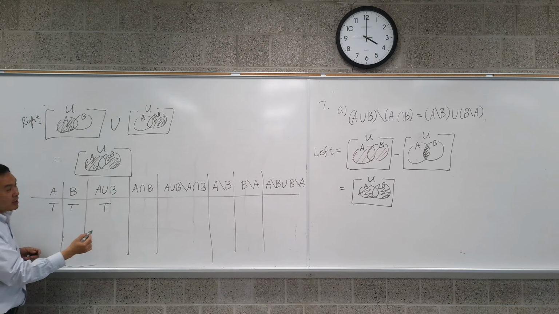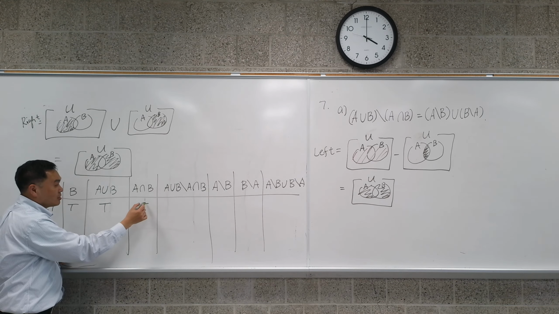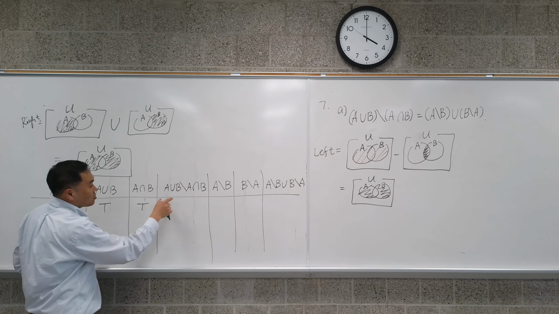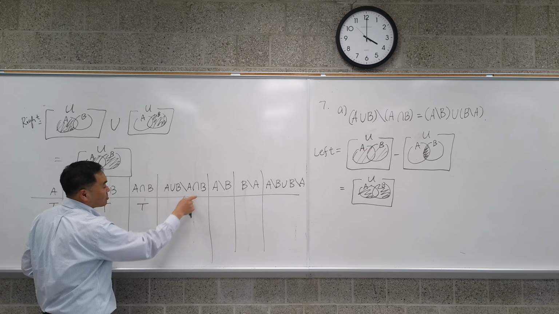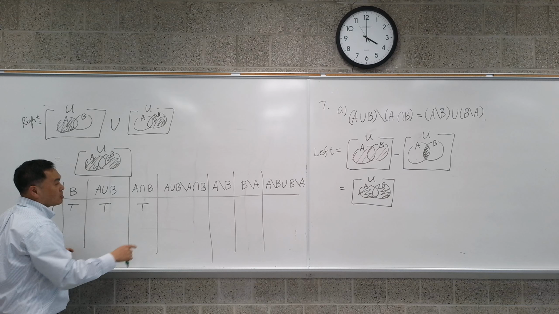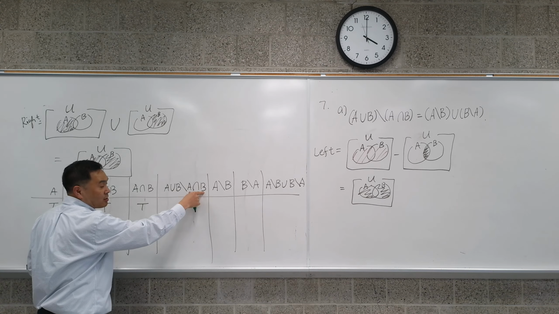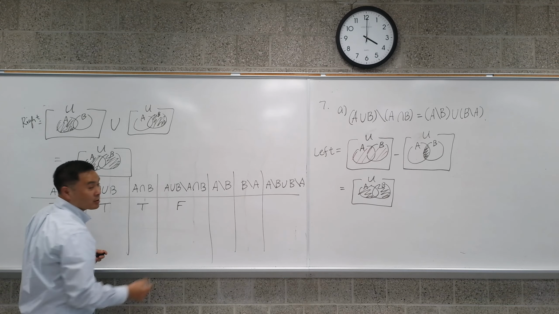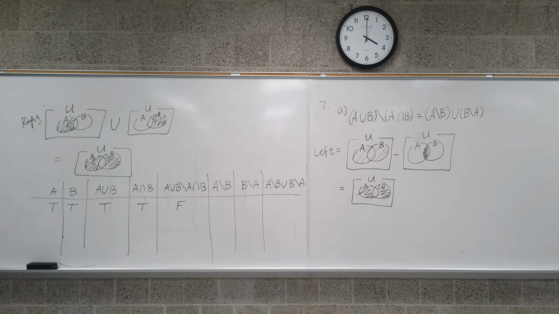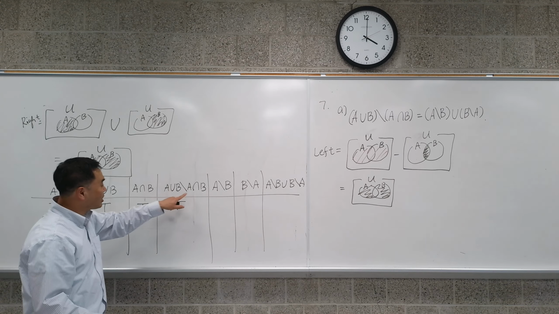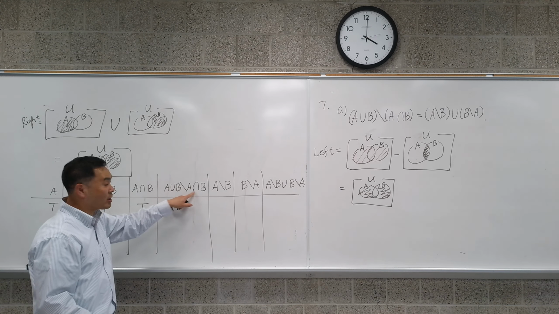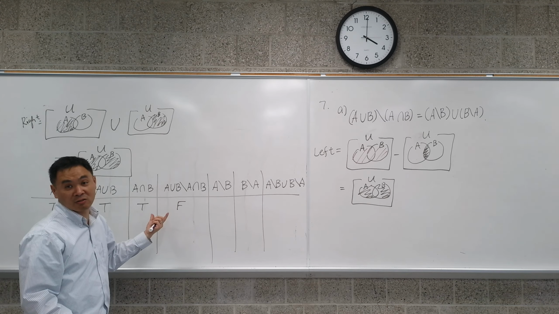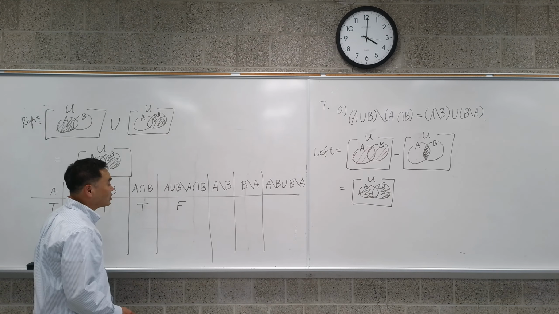Does it belong to A intersection B? Yes. Now, does it belong to A union B minus A intersection B? Well, because it belongs to both and you've subtracted away, it's no longer there. Does that make sense? Since that element is in here and also in here, and you're subtracting away, that element has disappeared. That's how you think about this.